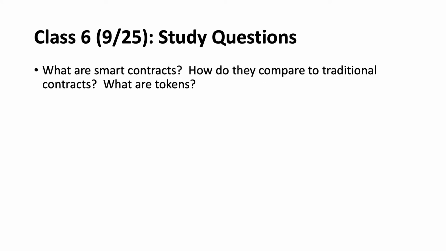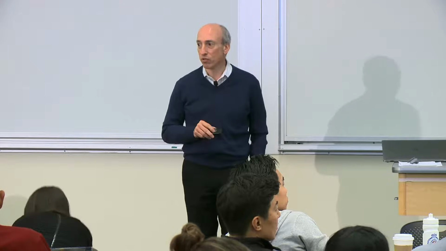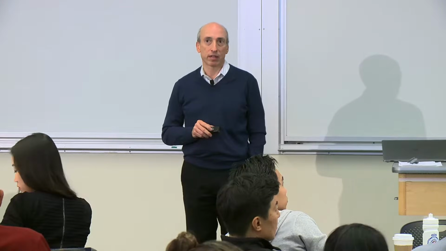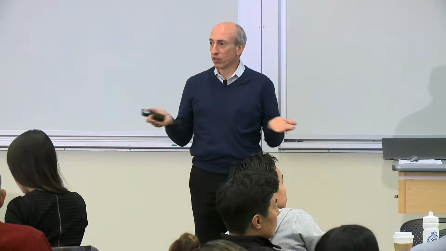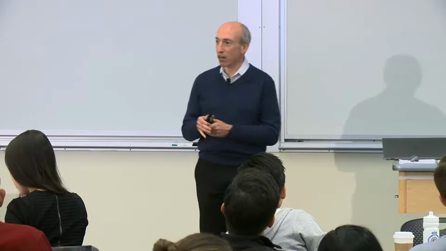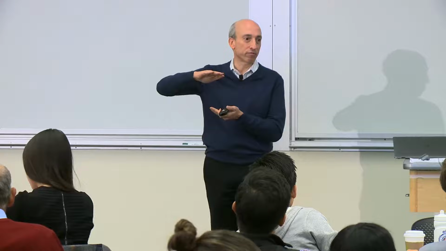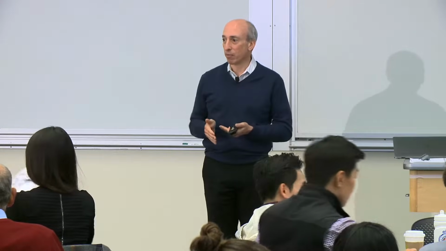So the study questions today are about smart contracts and basically how they compare to regular contracts, and what the tokens are that are used within that ecosystem. And what are the platforms? In a very similar sense to the internet, we have the internet, and then above the internet you have, you might say, applications, Facebook and other applications.